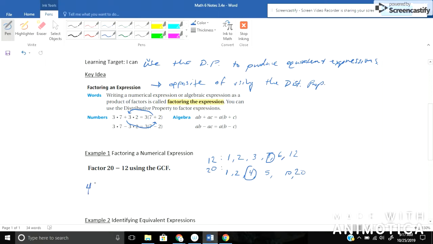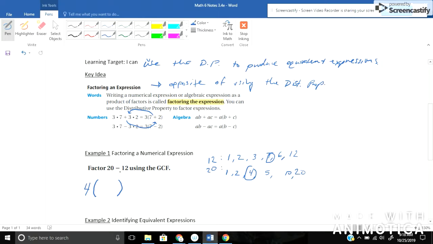Okay, and then I'm going to see what I'm left with. In other words, if I were to divide 20 by 4, because remember when we're using the distributive property, we're saying this times this is equal to what's inside the parentheses. So to undo that, I need to divide my expression by my greatest common factor.